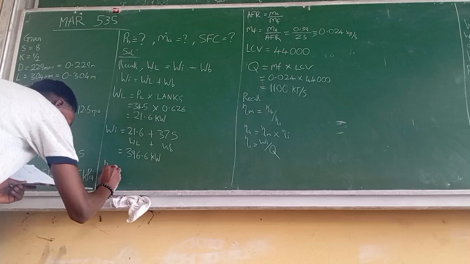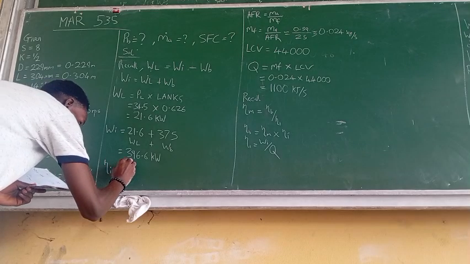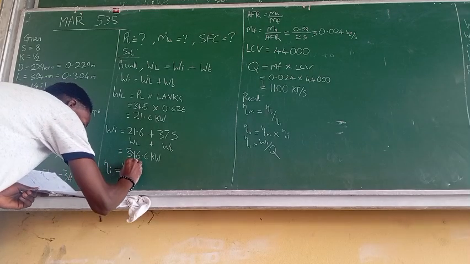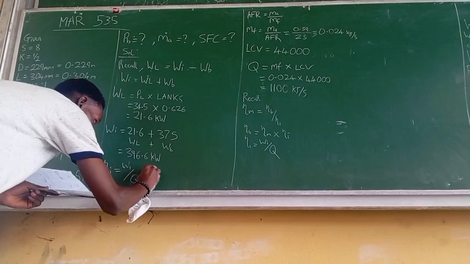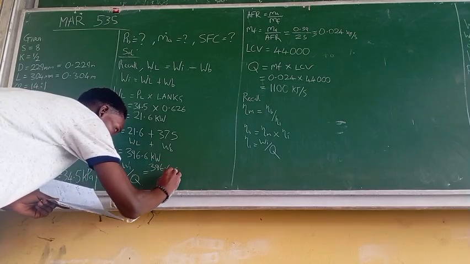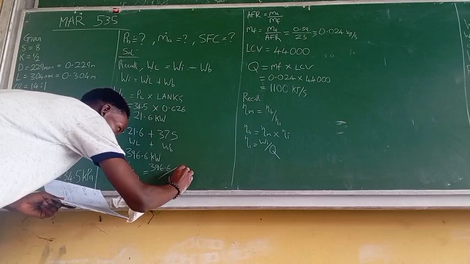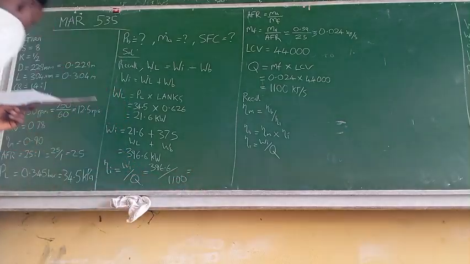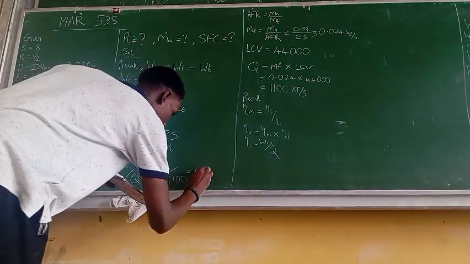So what's the indicated thermal efficiency? It is equal to WI over Q, 396.6 over 1100. This is equal to 0.378.